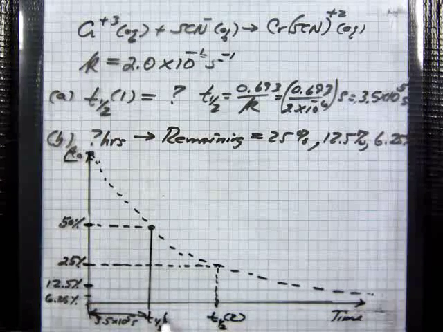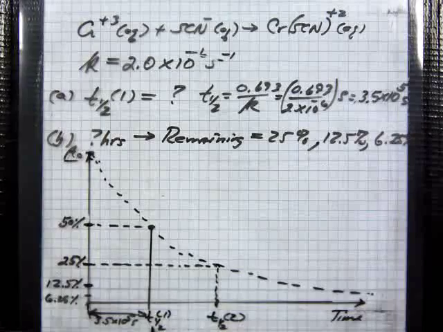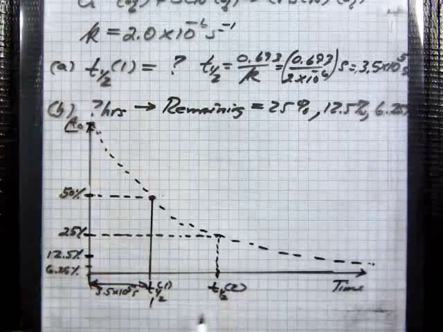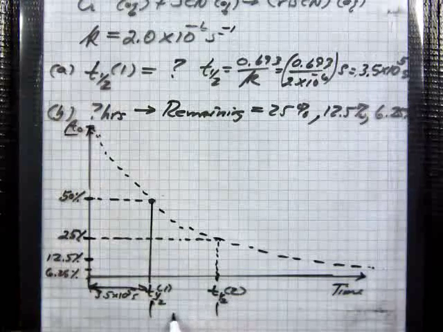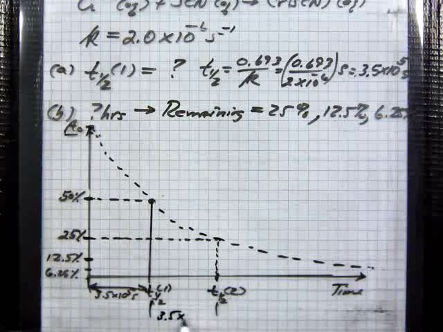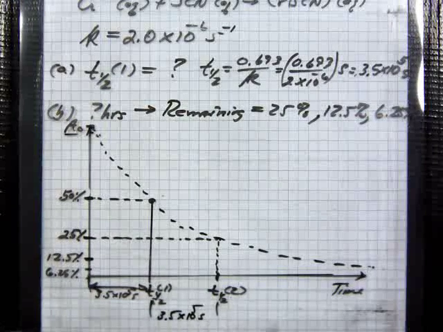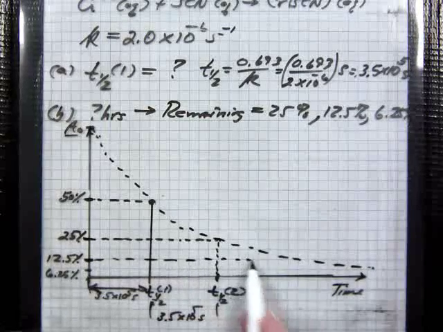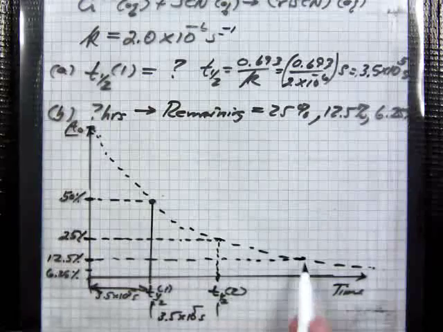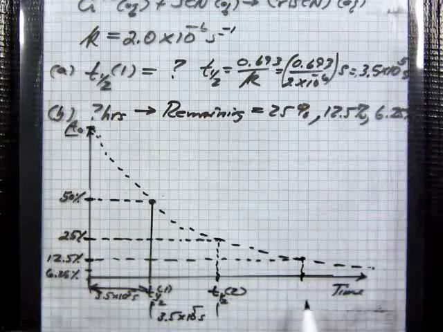That's the first one. But this distance between the first and the second half-life is also 3.5 times 10 to the 5th seconds. And then this one is also the same number.